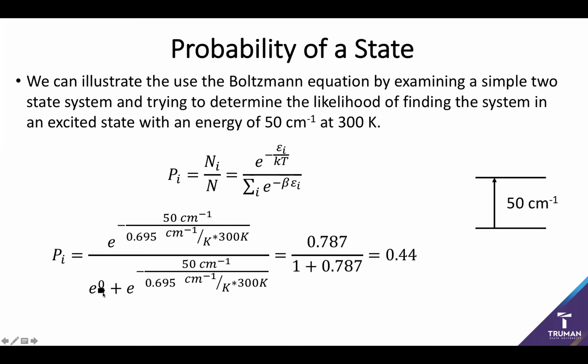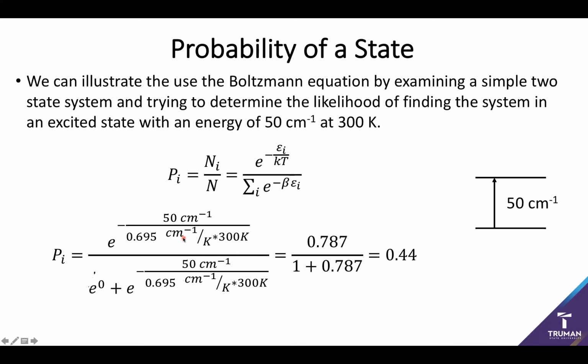Either an energy of 0 for the ground state, which we always arbitrarily assign an energy of 0, and the excited state of 50 inverse centimeters. So this state shows up both as the state of interest, my excited state, but also in the denominator as part of the partition function.